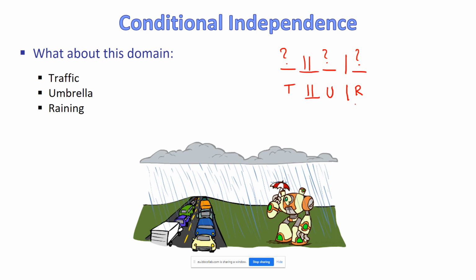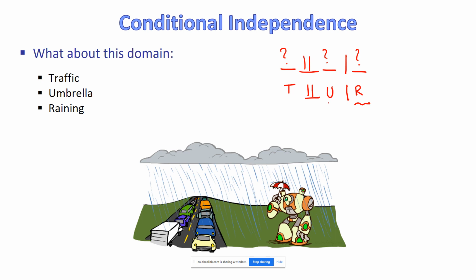Exactly. If it's raining, knowing that the robot or the agent is using the umbrella will not affect our belief about whether we have traffic or not. That's only when we see it's raining, when we know that it's raining. Without knowing that, there might be an indication, by the way, right? Because if I see the agent using the umbrella, it might be raining, which means that we might have traffic.